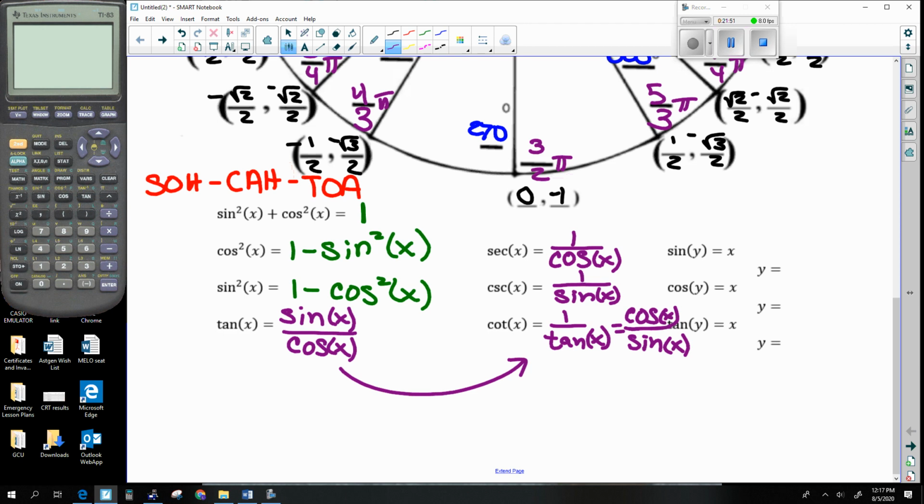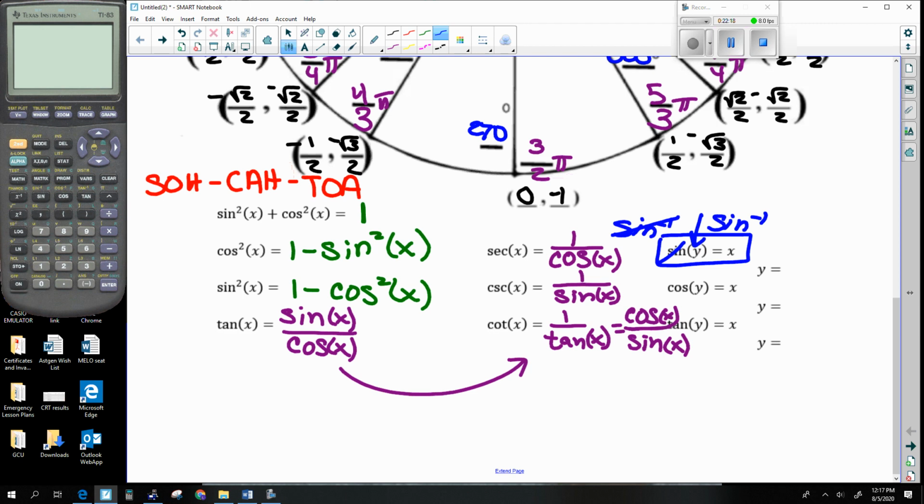And then these last three problems are asking you to take this equation and solve for this unknown y. So how do I get rid of this sine? What that is, is an inverse sine. You have to inverse sine, or arc sine, both sides.